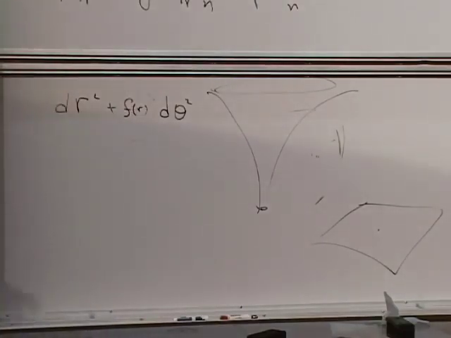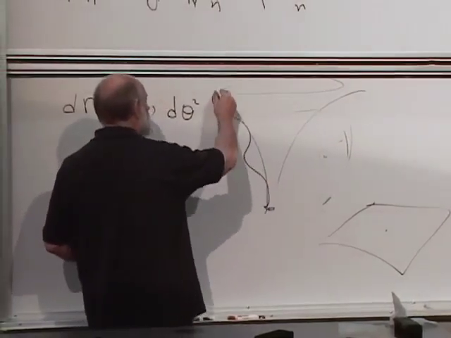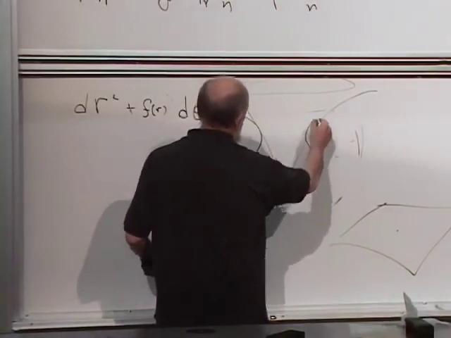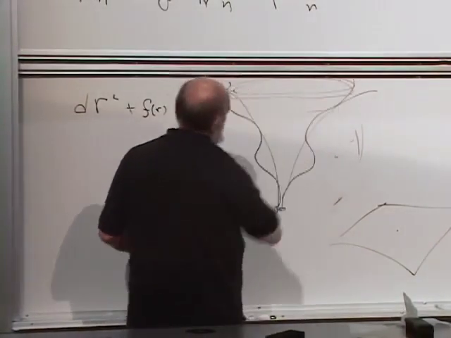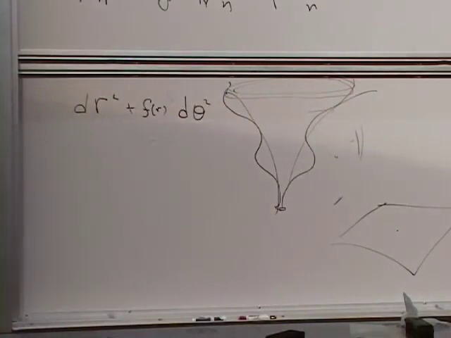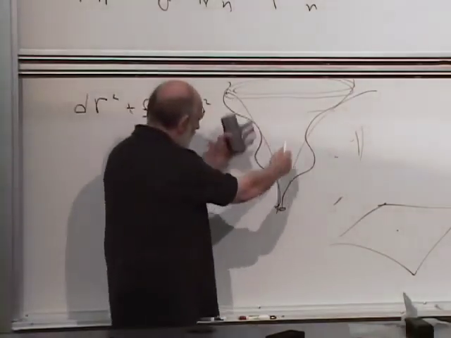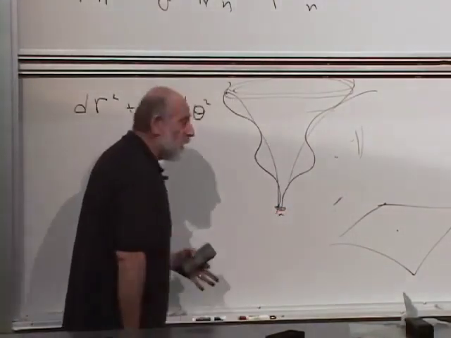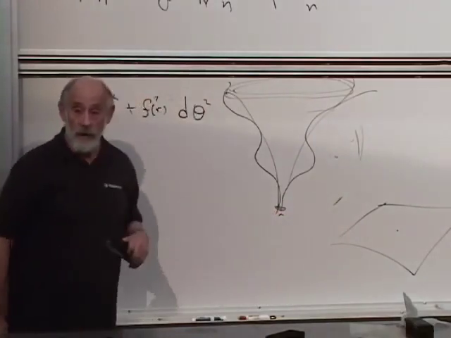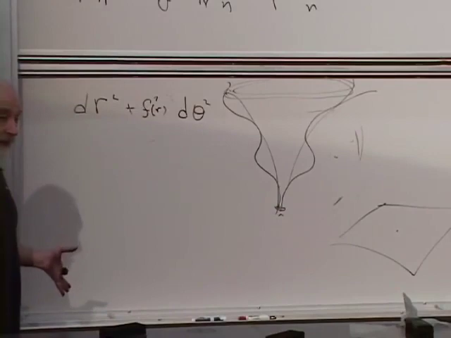Well, you could make very complicated kinds of spaces which look like that. They're just surfaces, but the character of the surface and the way that it grows as you move away from r equals 0 depends on this function f of r. Most of these spaces are not flat.